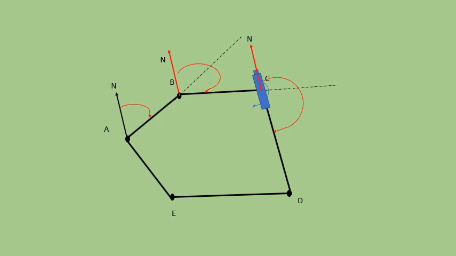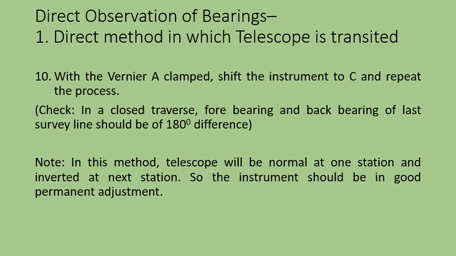That will be the bearing of line CD, the angle from the north. This is the process in which you will get the bearings of each and every line in the survey framework. So it is called a direct observation of bearing using a transitable theodolite.